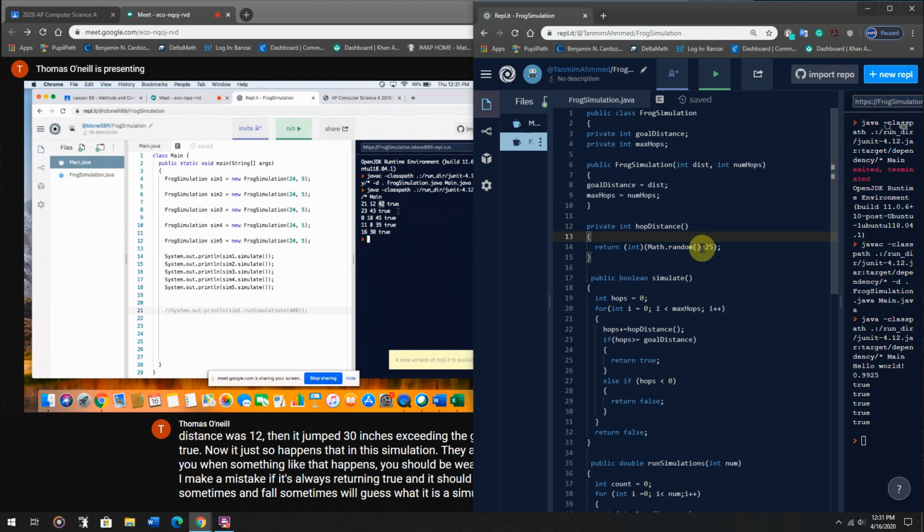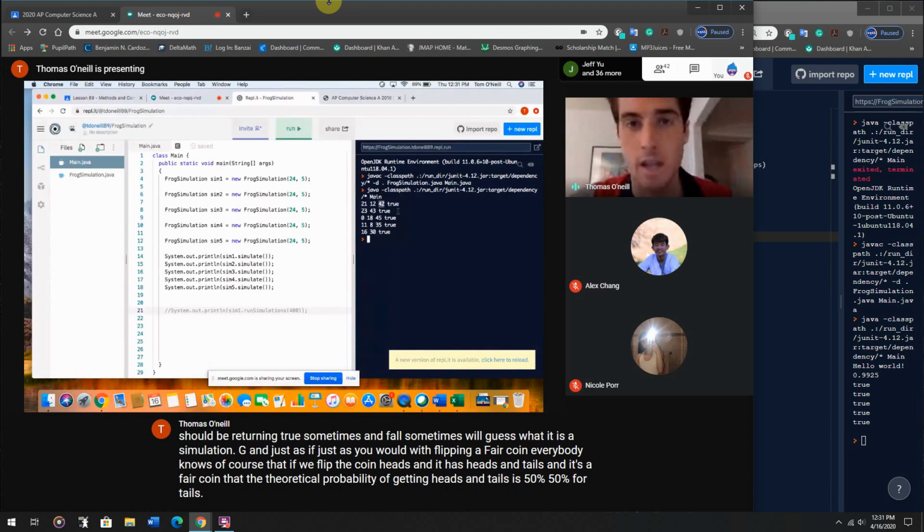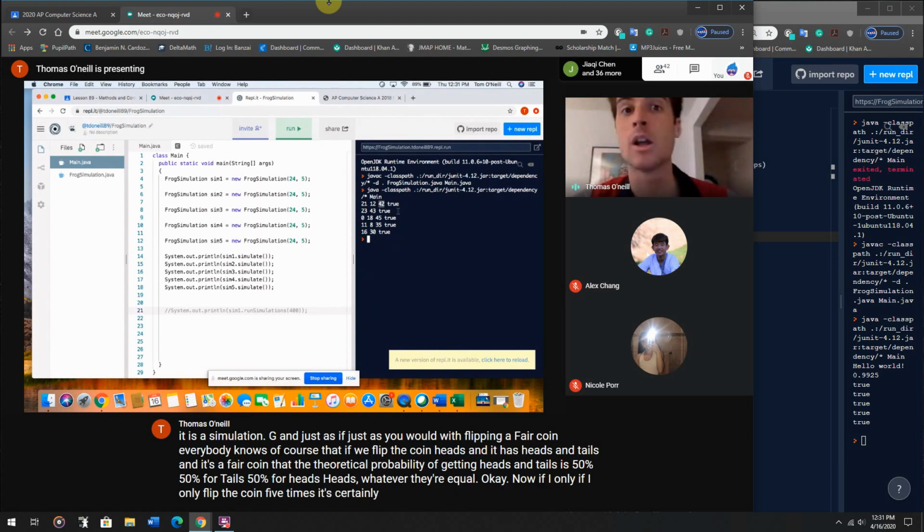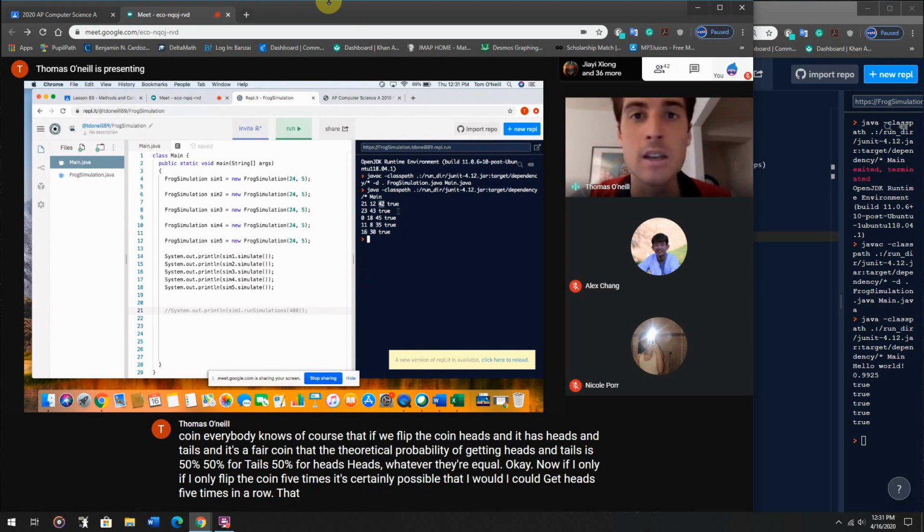And just as you would with flipping a fair coin, everybody knows, of course, that it has heads and tails, and the theoretical probability of getting heads and tails is 50% for tails, 50% for heads. They're equal, okay? Now, if I only flip the coin 5 times, it's certainly possible that I could get heads 5 times in a row. That doesn't mean that the probability of getting heads is 100%.